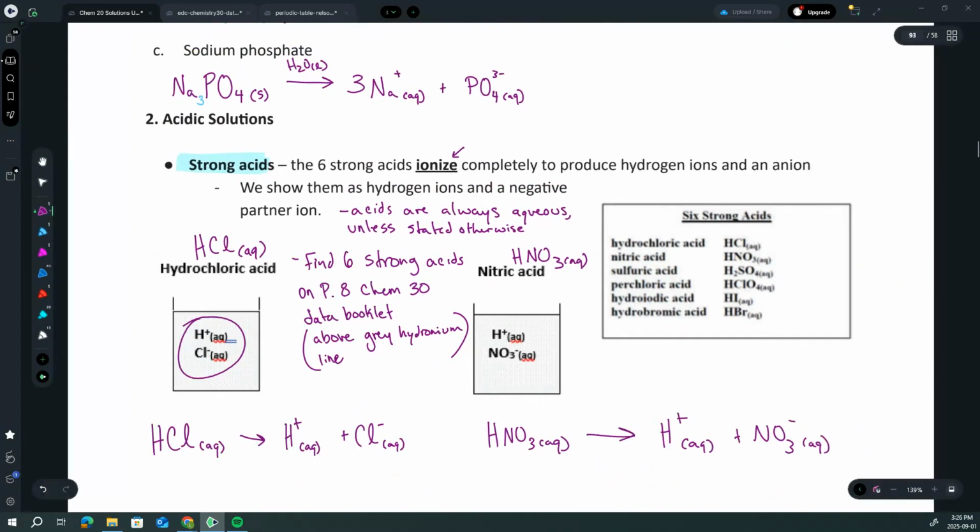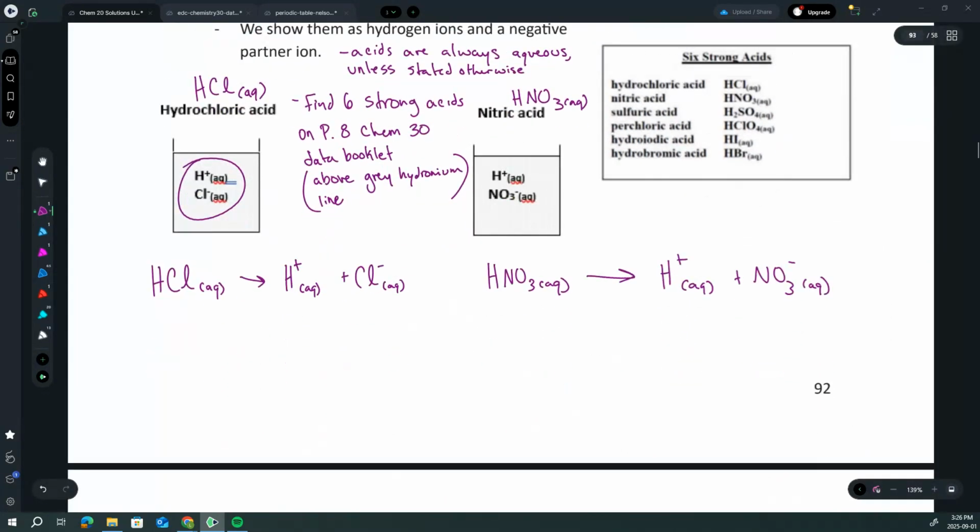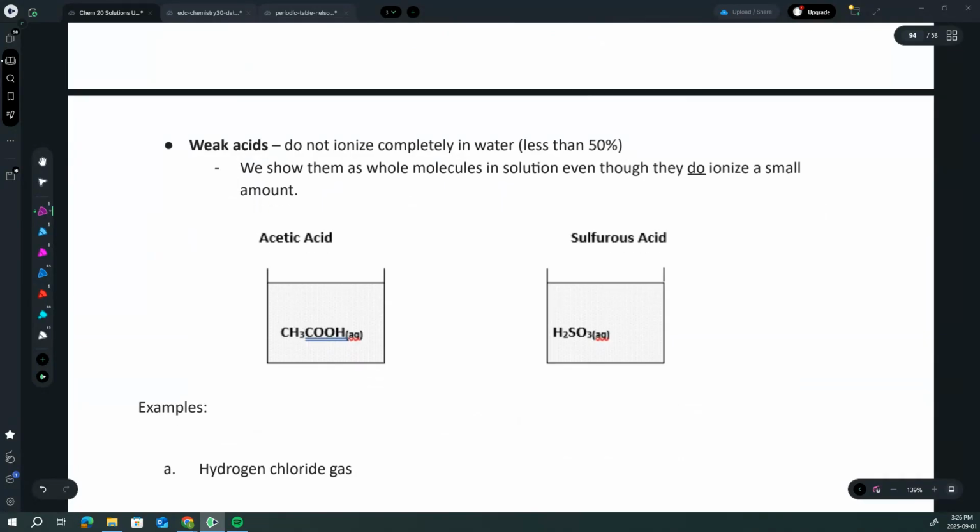Okay, so those are our high solubility acids, the strong acids, whereas weak acids, they do not completely ionize in water. They do a little bit, but since they don't completely ionize in water, we show them only as whole molecules in solution.